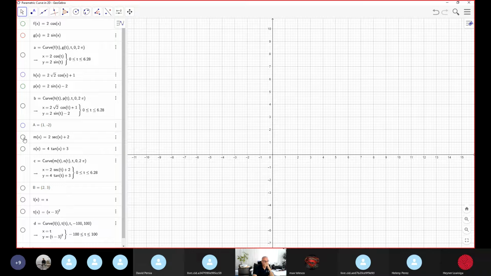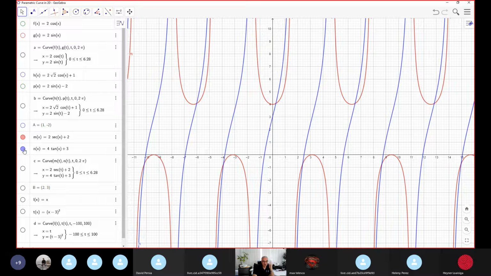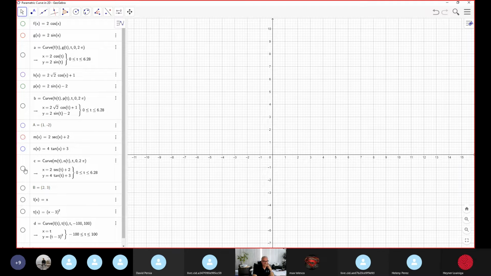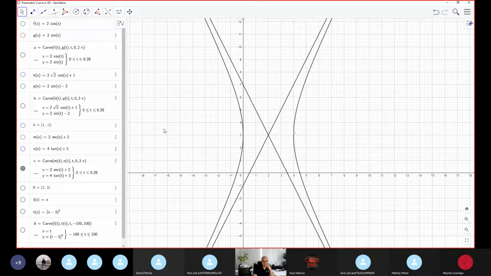We have the functions 2 secant, wow, weird, and 4 tangent, wow, weird. But I don't care about this. I care about the parametric. Look, a different parameter interval from 0 to 2 pi. In the paper I put negative pi over 2, but you see it doesn't matter.